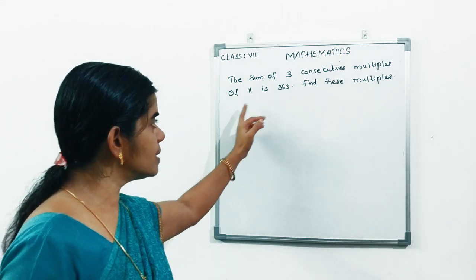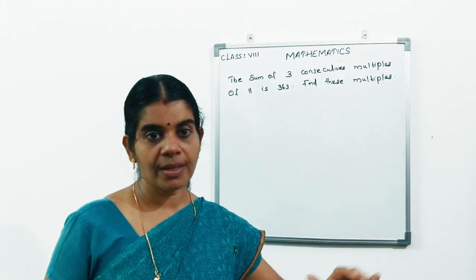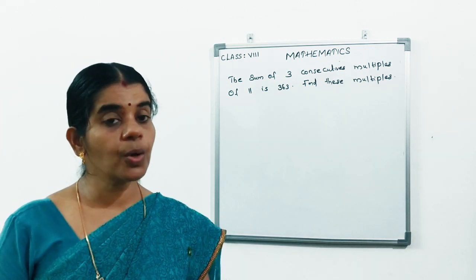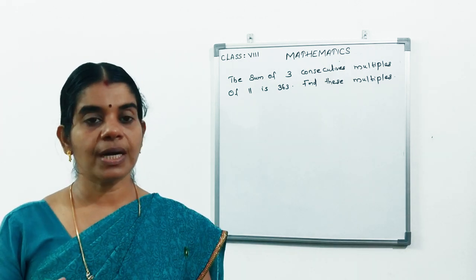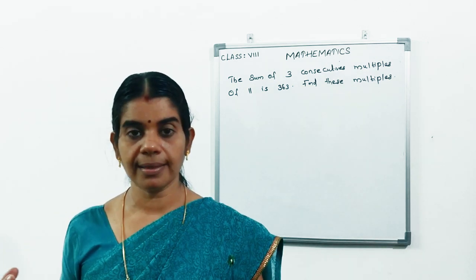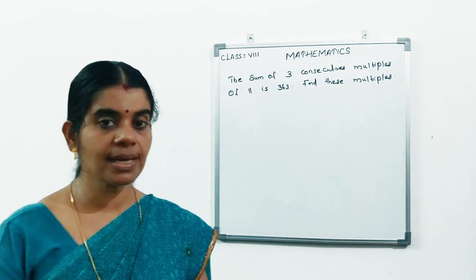Here what they told is the sum of three consecutive multiples of 11. In the 11 table, it goes 1 into 11 is 11, 2 into 11 is 22, 33, like that. Then what is the difference between them? It will be 11, because it is the 11 table.